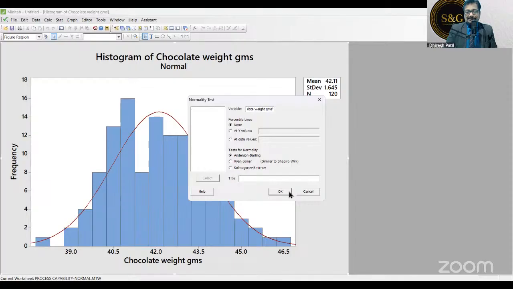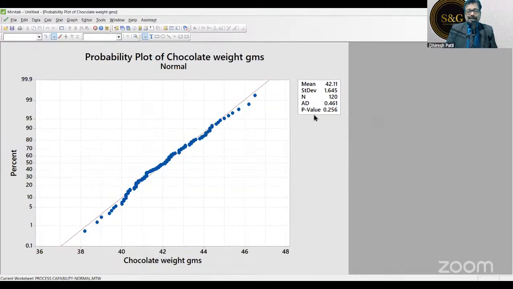Don't do anything else. If the p-value is greater than 0.05, it is normal data. Look at this, this is the normality test. The moment this p-value is greater than 0.05, the data is normally distributed.